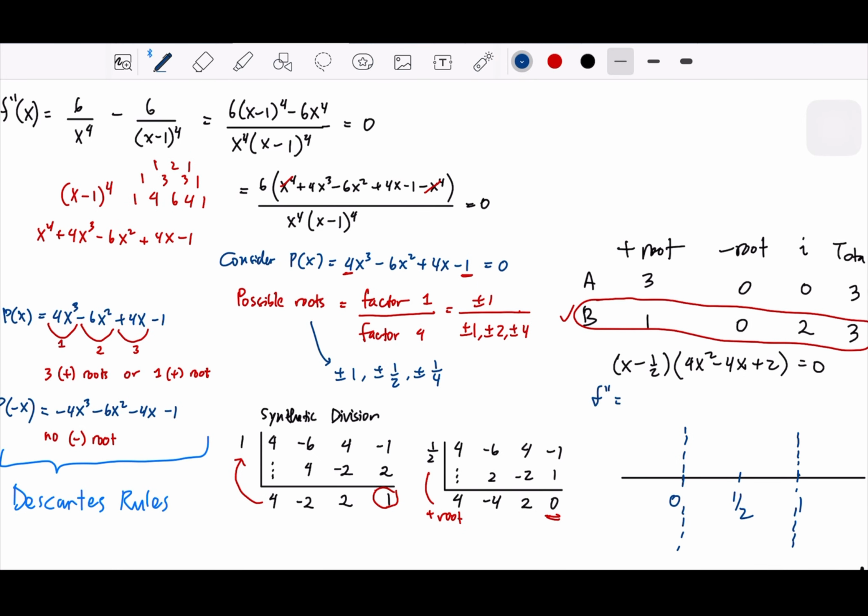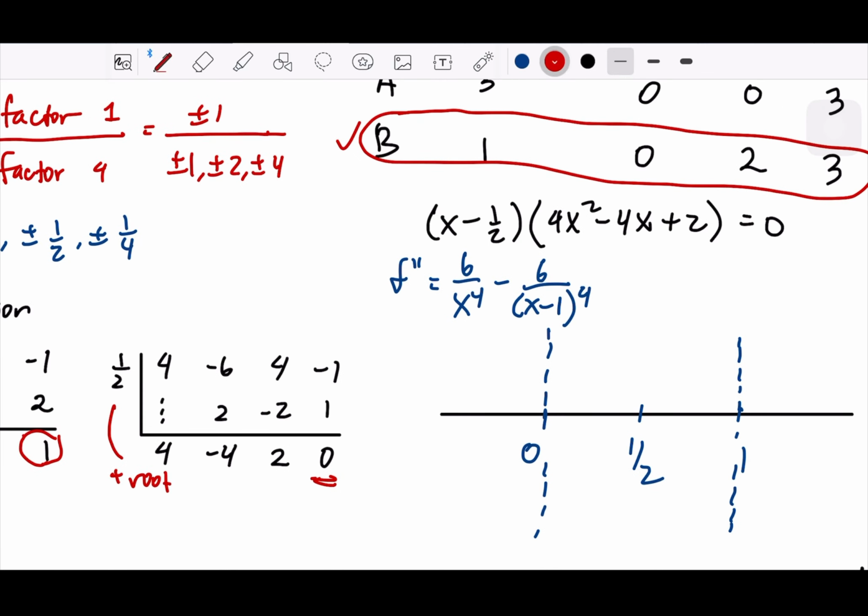So f double prime is 6 over x to the power of 4. Okay, let's check the intervals. We can check -1 for the left part. It will be positive, it will be 6.